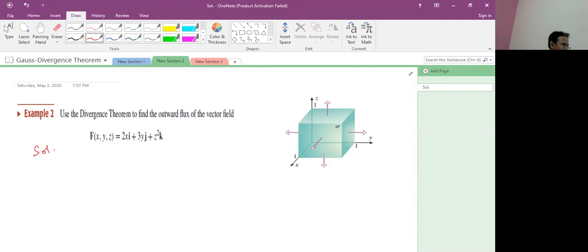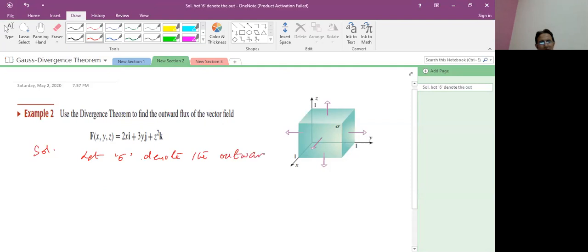So student, according to the definition, let sigma denote the outward flux of the cube, and G is the enclosed region.